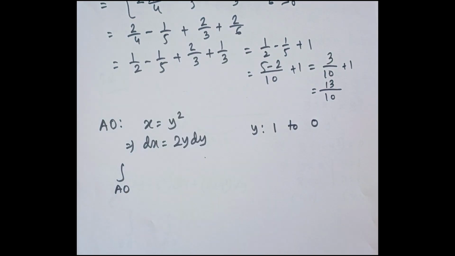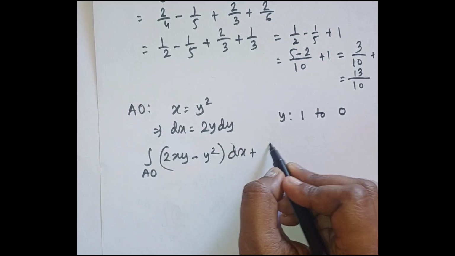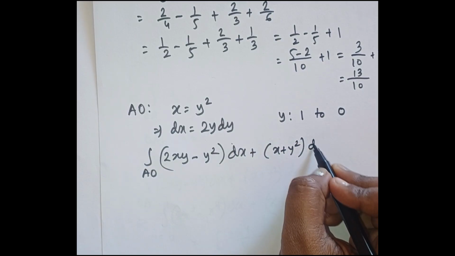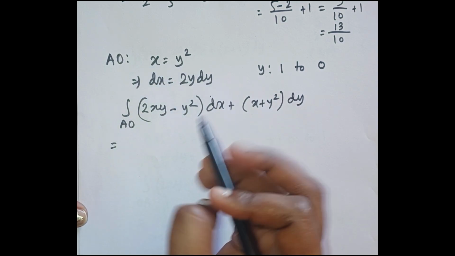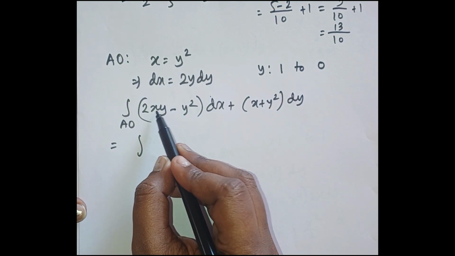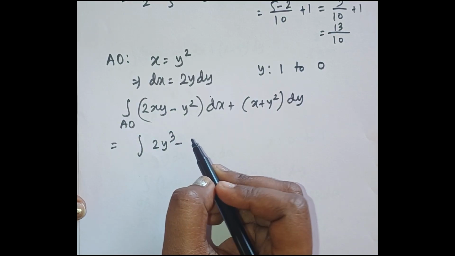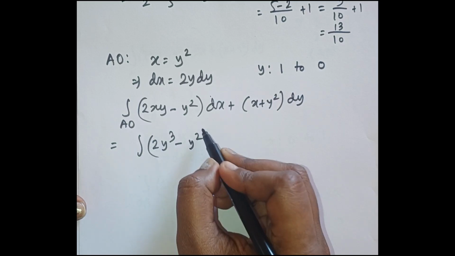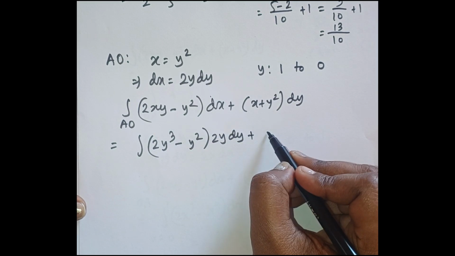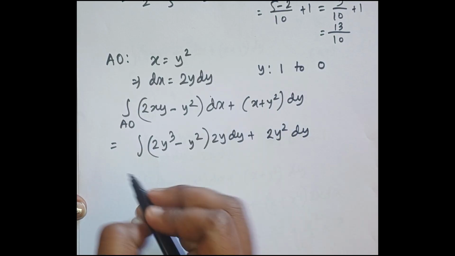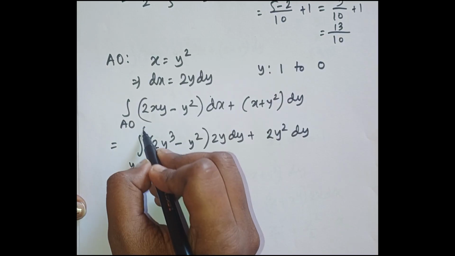Hence, the integration over AO of (2xy minus y square) dx plus (x plus y square) dy, if you substitute the values x equals y square and dx equals 2y dy, we can have 2y cube minus y square 2y dy plus y square 2y square dy, and y going from 1 to 0.